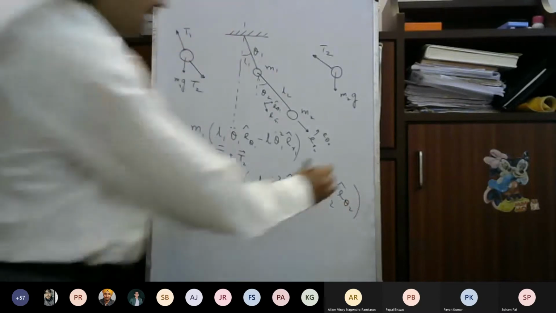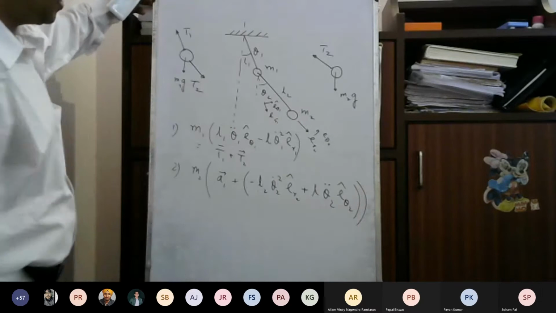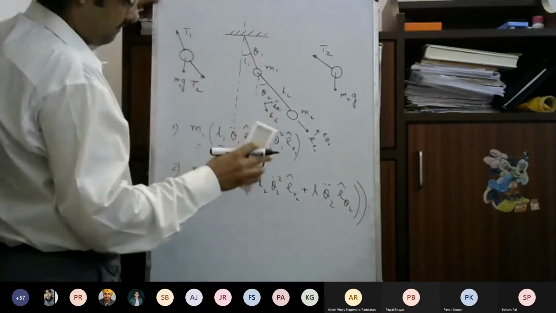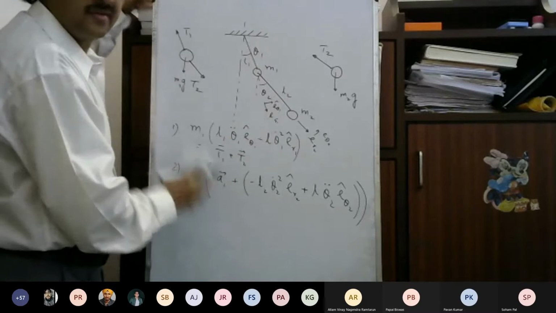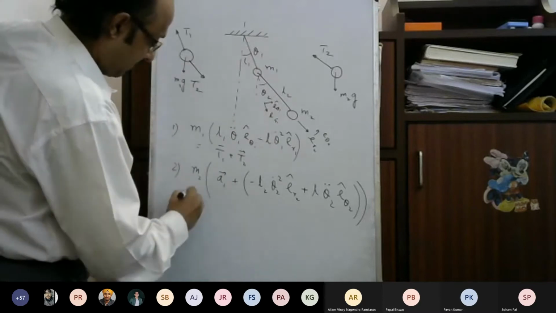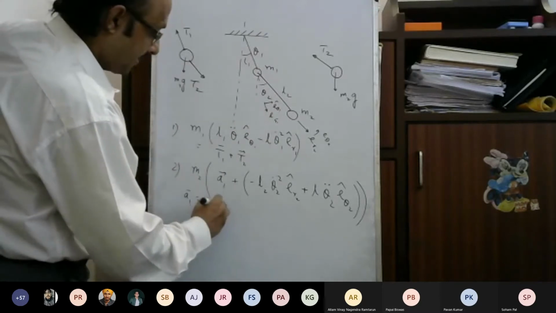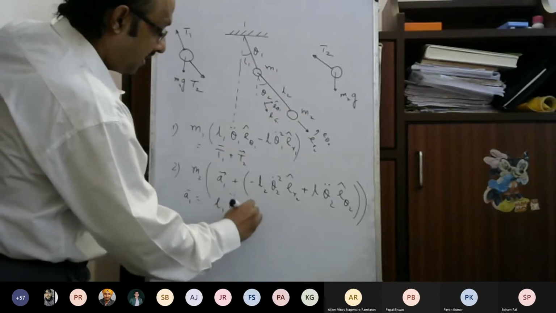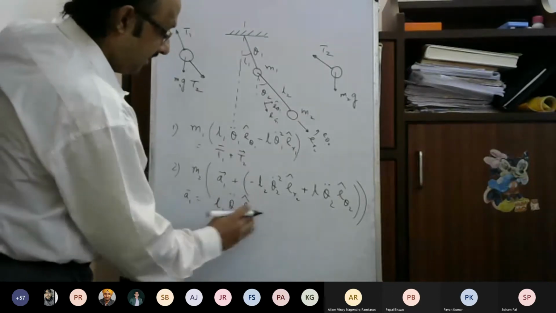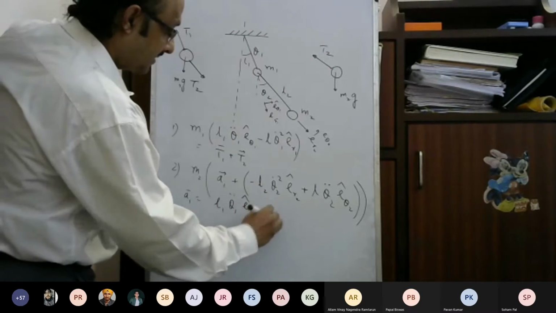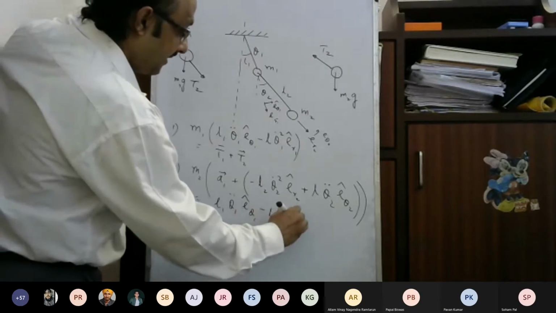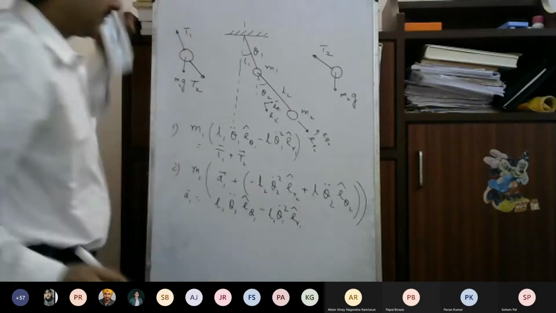That is for the acceleration of this mass, where A1 is equal to L1 θ1 double dot e θ1 minus L1 θ1 dot square e R1.